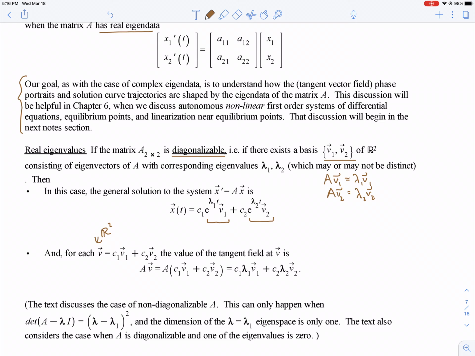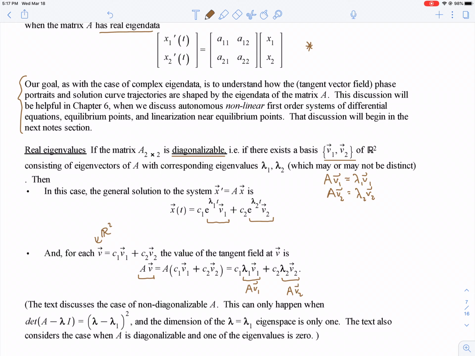So if we write v as c1 v1 plus c2 v2, then the tangent field Av, which is what we get from the right-hand side of the first order system, is A times c1 v1 plus c2 v2, and Av1 is lambda 1 v1, so that's the first term, and Av2 is lambda 2 v2.